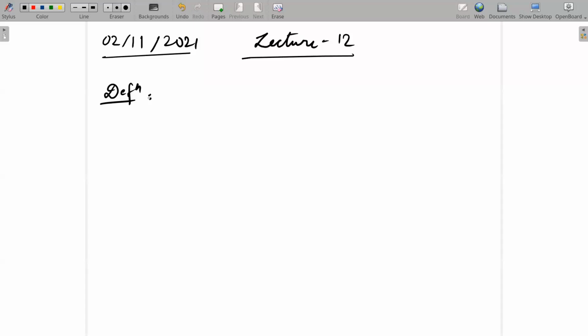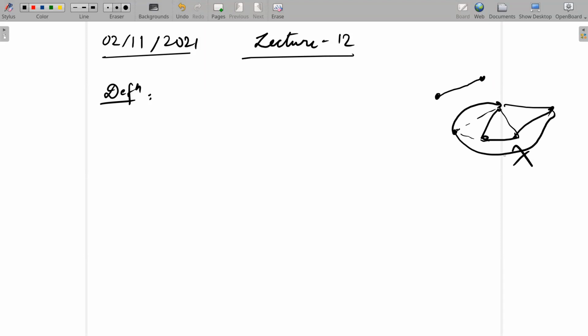That was essentially translating the geometric picture of neighboring vertices, where we had a one-dimensional face which we call an edge, and the endpoints are vertices, known as neighboring vertices. The example we had in mind was, let's say we join two tetrahedra like this, then these two are neighboring vertices but these two are not neighboring. That was the geometric picture we had in mind.